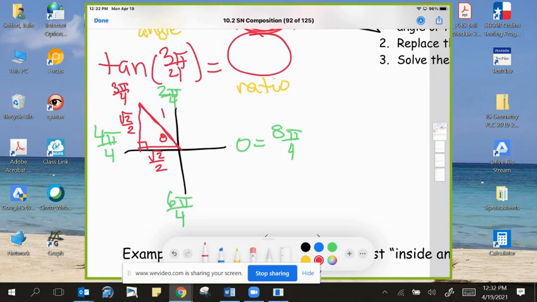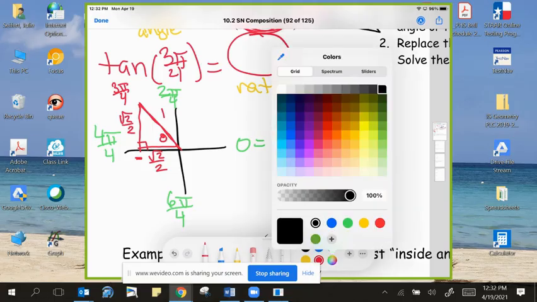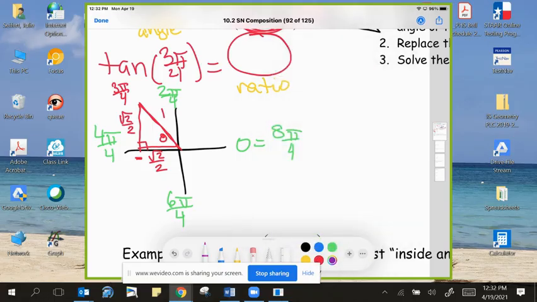Hypotenuse is 1. Do we need any negative signs here? On the y or on the x? Yes. The x goes left, so that is going to be a negative root 2 over 2. Now, to do tangent, you can think opposite over adjacent.